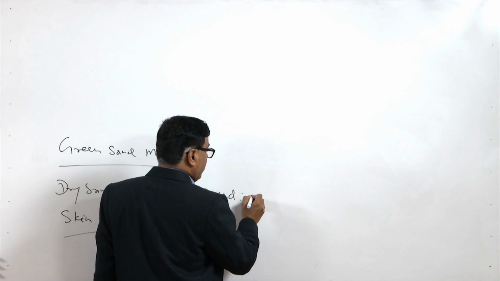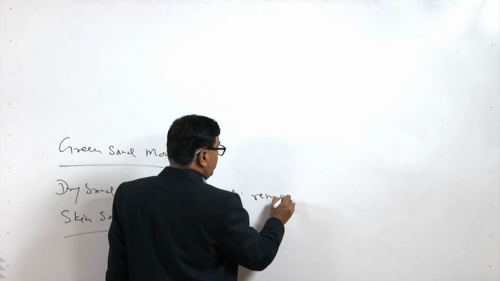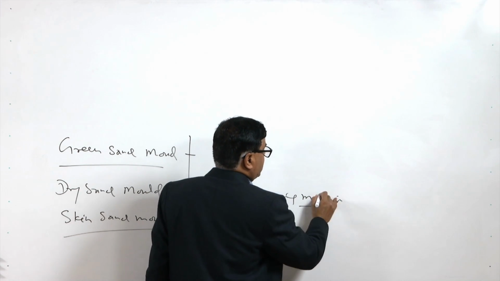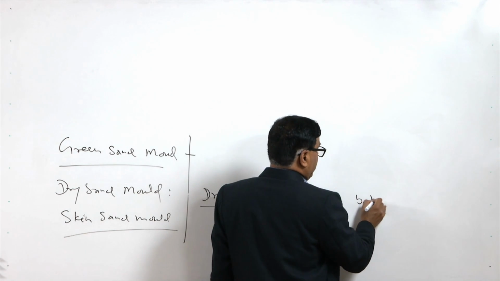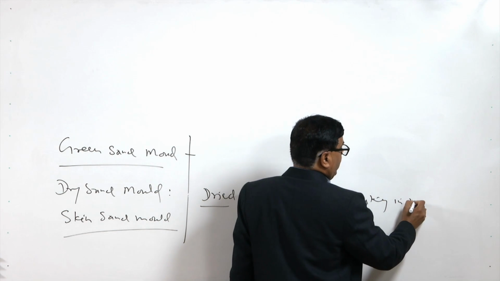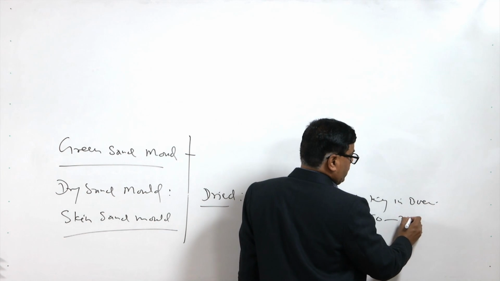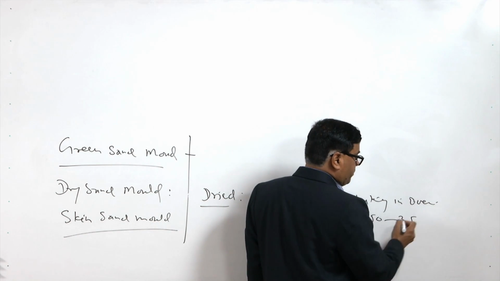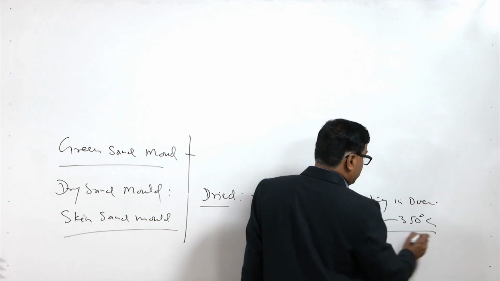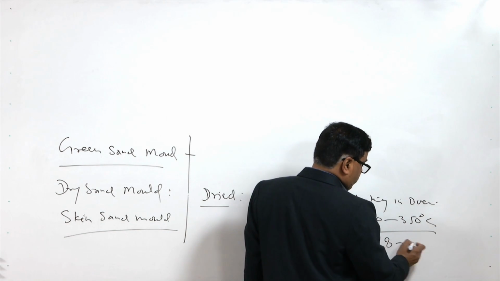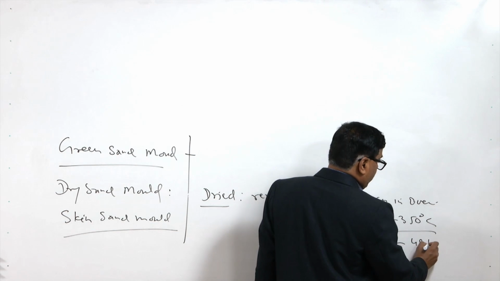Drying is done for removing the moisture, and this is done by baking in an oven, in the range of temperature 150 to 350 degrees centigrade for a longer period, which may range from 8 hours to 48 hours.